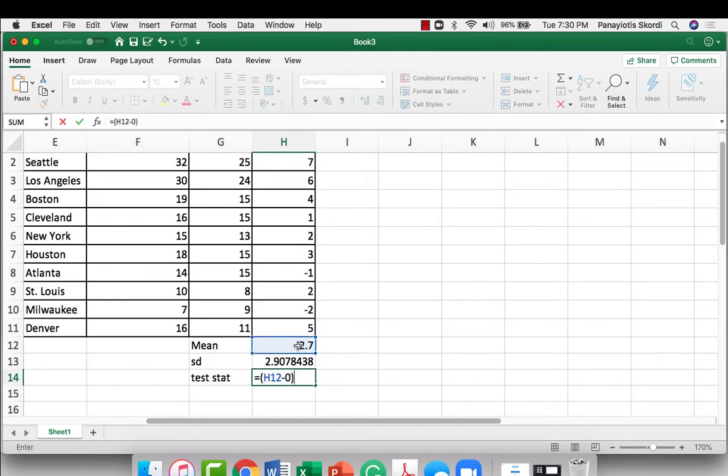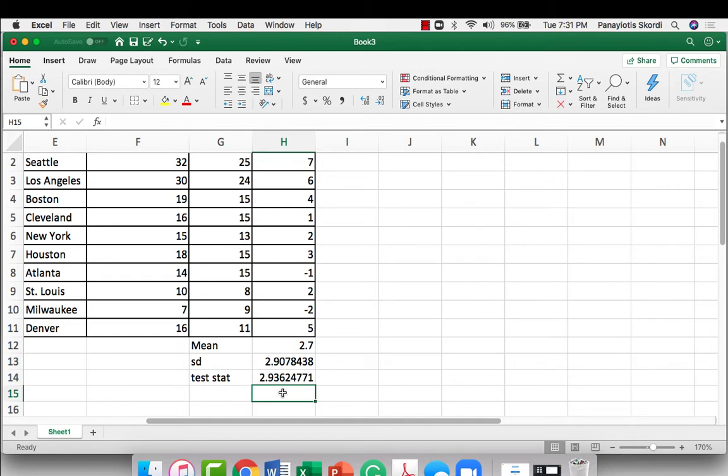It won't make any difference, I just put minus 0, and then we're going to divide that by the standard deviation, which is 2.91, divided by the square root of the sample size, which is 10. See what that comes to as our test statistic. It comes to about 2.94.